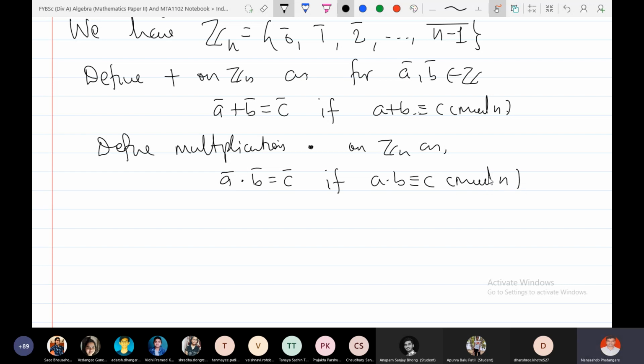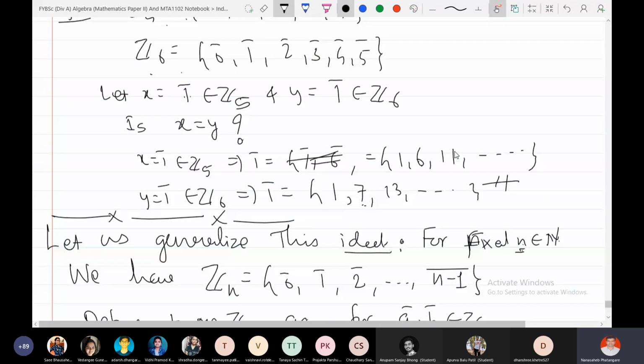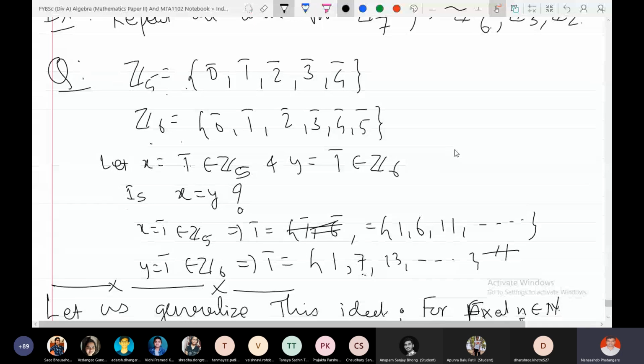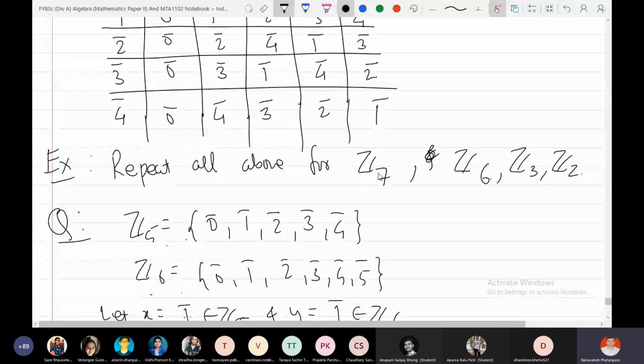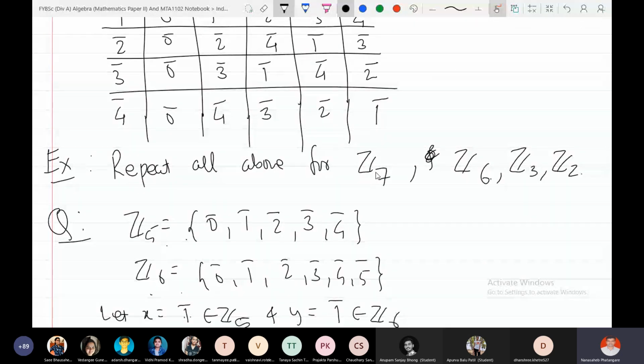The same idea we did for the particular case of 5, we have to work out for n. So in this exercise, Z7 means what? How do we multiply two members in Z7? For example, a bar and b bar in Z7, right?